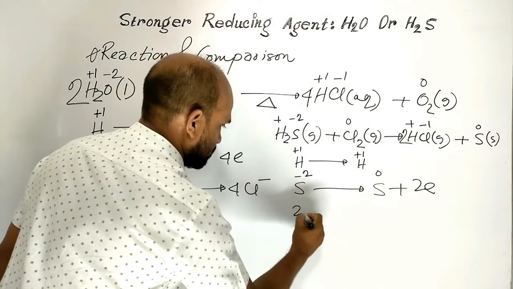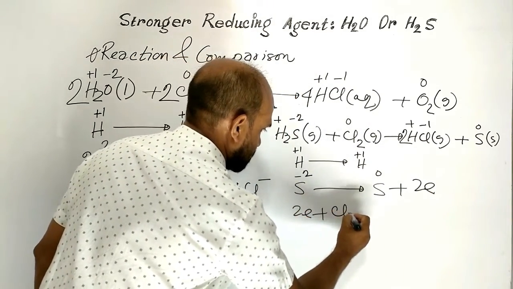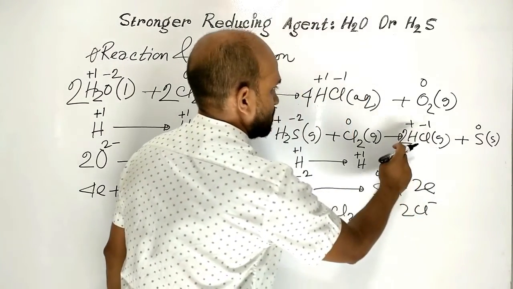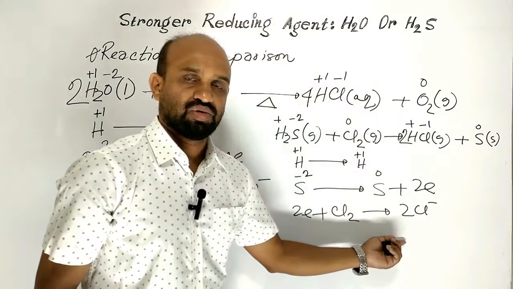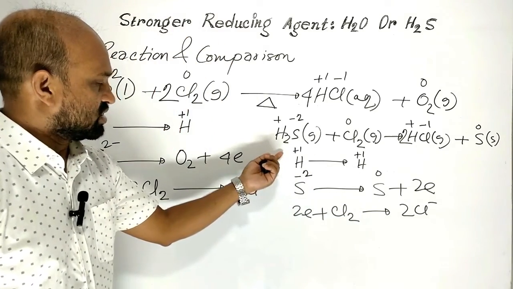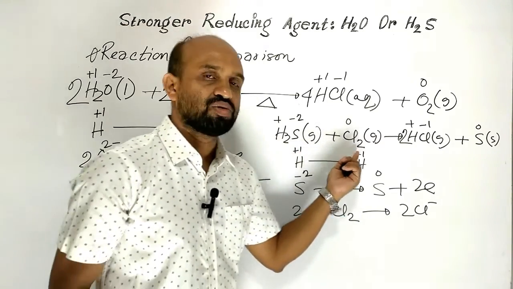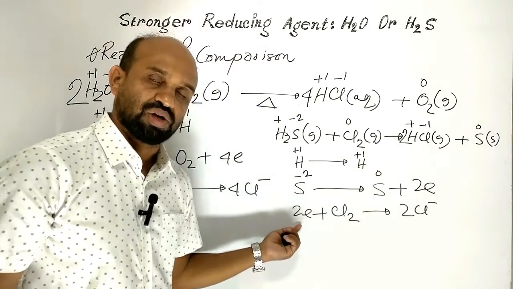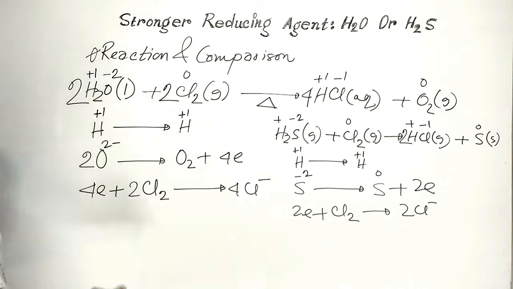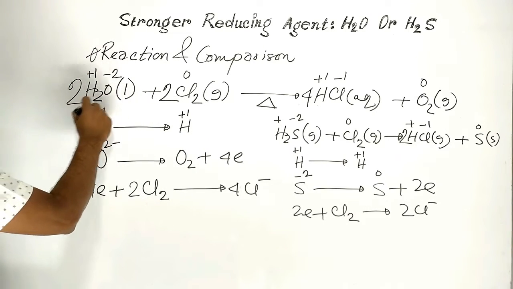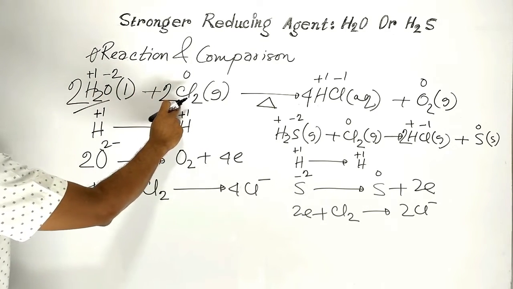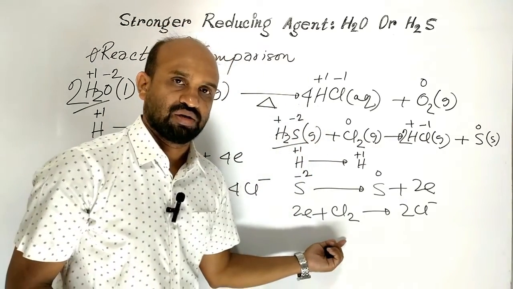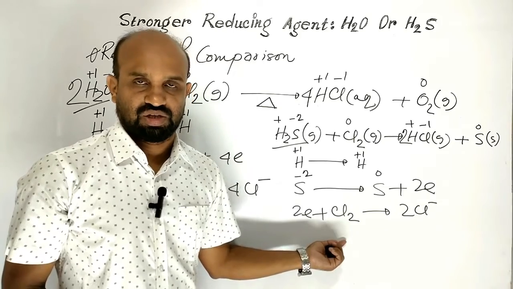These 2 electrons are accepted by chlorine molecule to form 2 chloride ions. So here hydrogen sulfide reduces chlorine to chloride ion, giving 2 electrons. That is, in this reaction, water reduces chlorine, and in this reaction, hydrogen sulfide reduces chlorine. But which one is a stronger reducing agent?